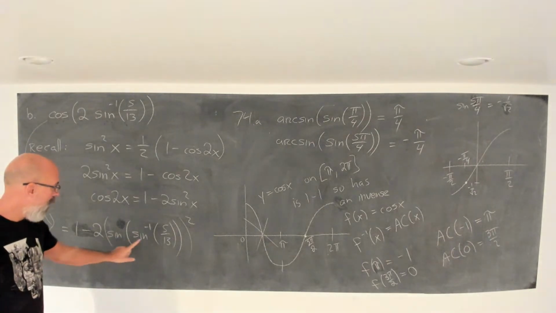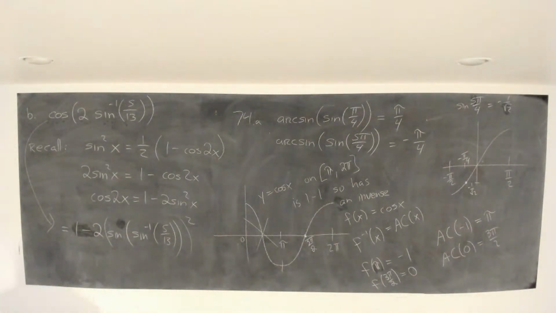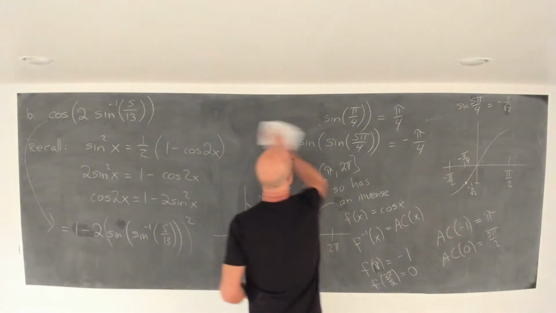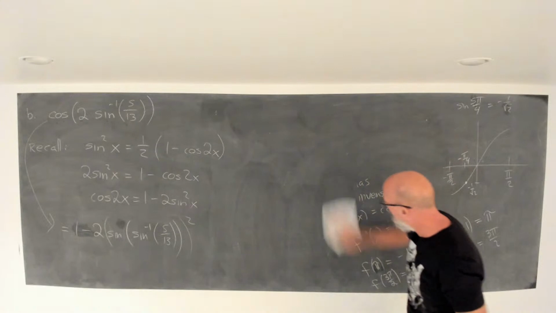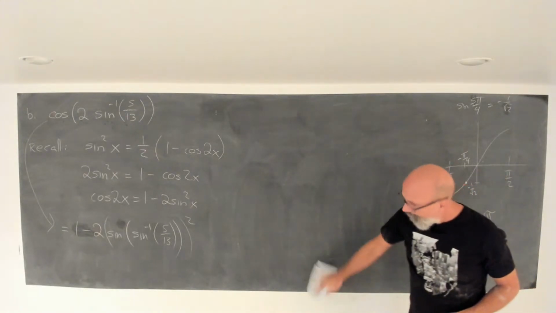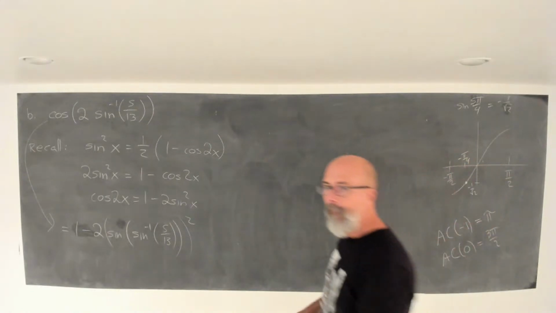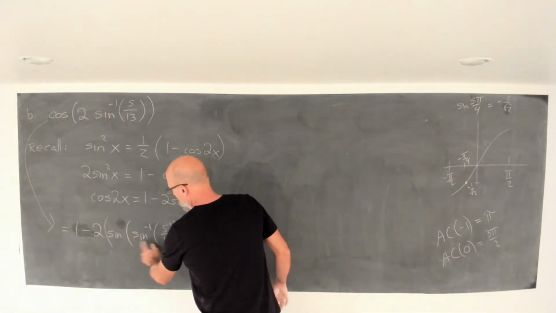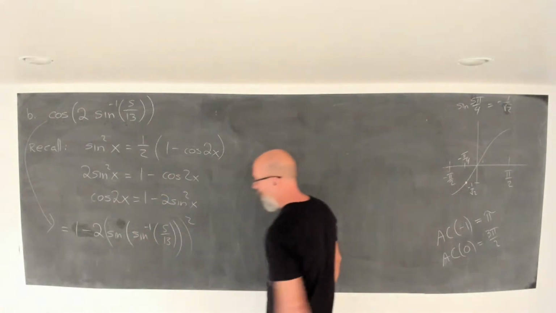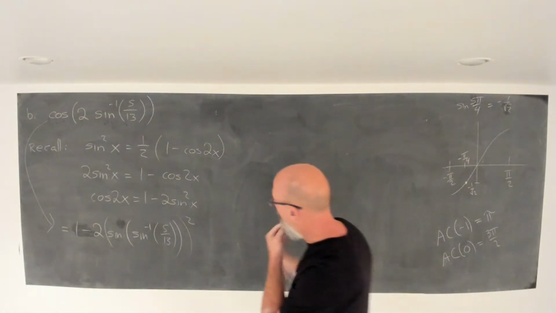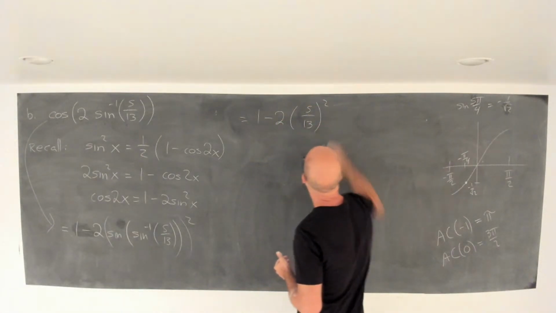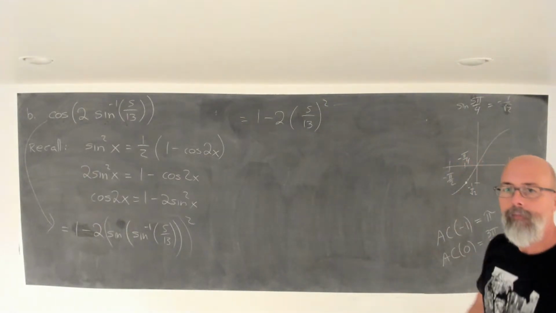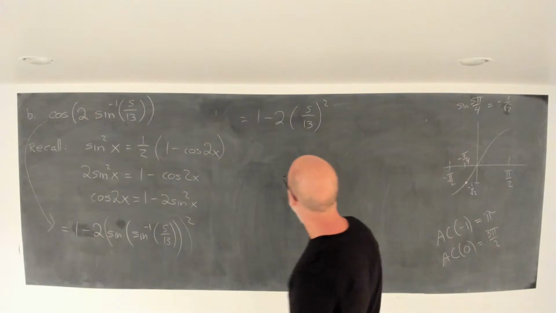And now sine of sine inverse, you see what's happening? Sine of sine inverse, these things cancel out, leaving you with the 5 over 13. So this is 1 minus 2 times 5 over 13 squared. And we're done. Well, let's leave it aside.